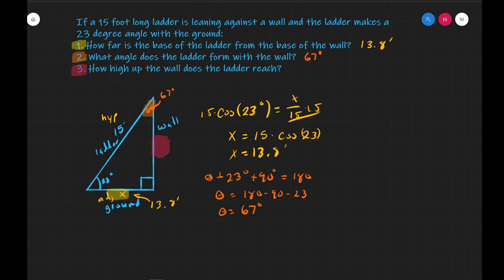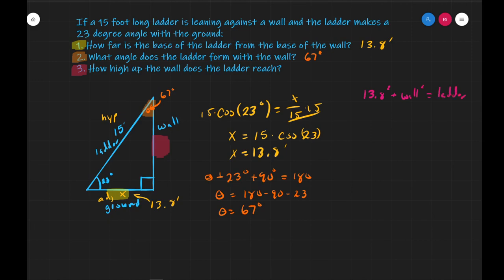So now let's find how high up the wall the ladder reaches. Since we know two of the sides of our right triangle, we can use our Pythagorean theorem. So we can take 13.8 squared plus the wall squared should equal our hypotenuse squared, which is our ladder.